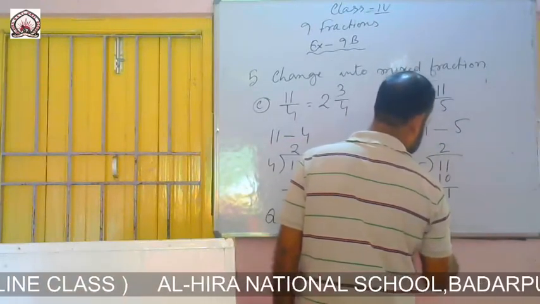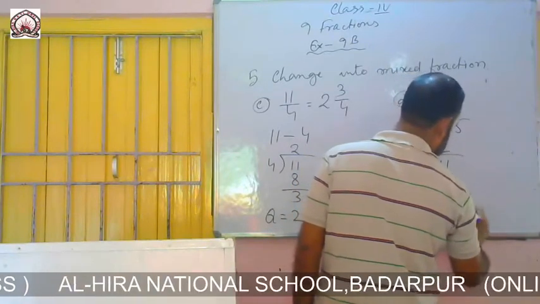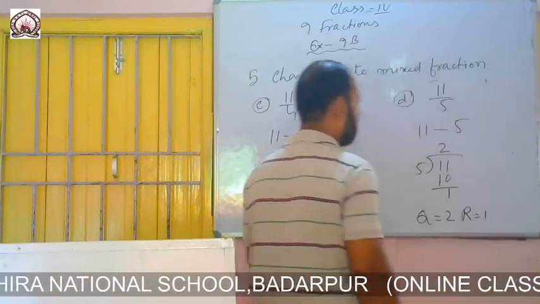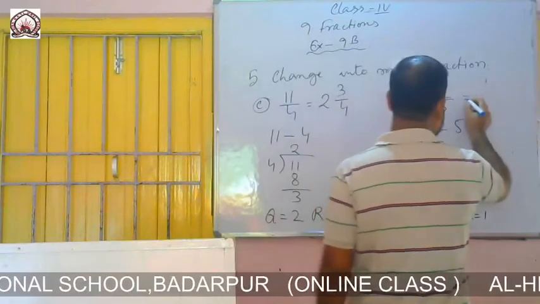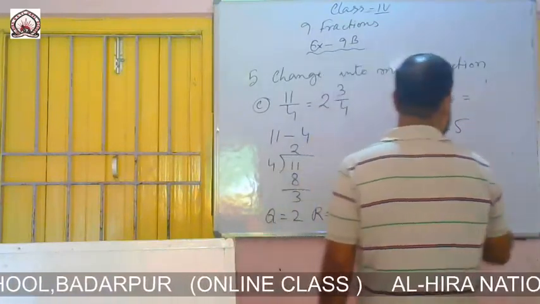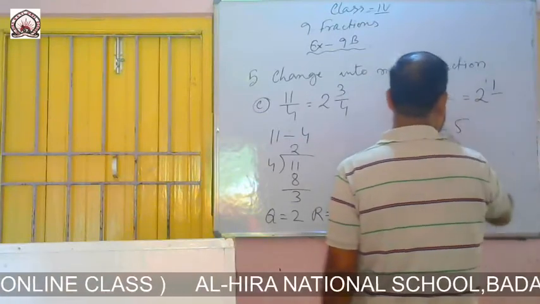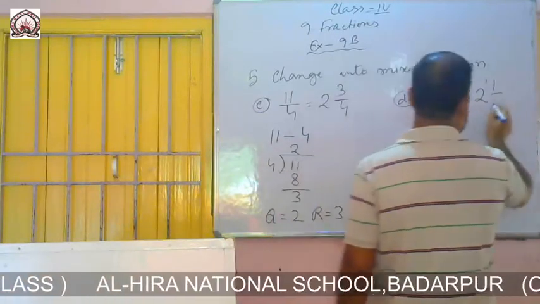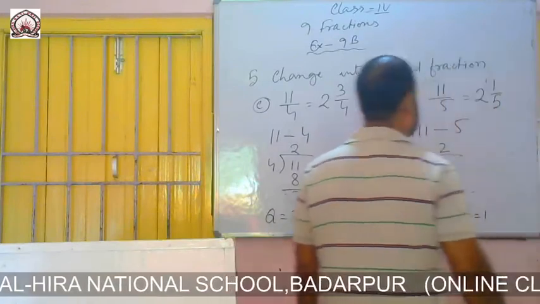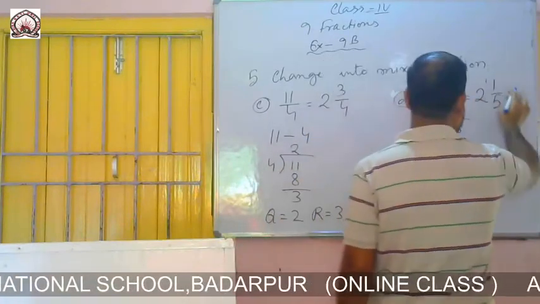So Q equals 2, R equals 1. The mixed fraction will be 2, remainder is 1, and the denominator remains the same, 5. The mixed fraction is 2 1 by 5.